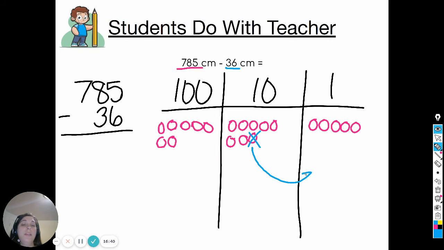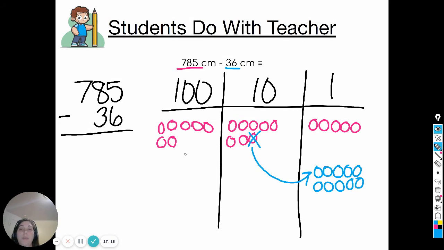Move it over to the ones and draw 10 ones. So we took 1 ten and we traded it for 10 ones, which also equals 10, okay? Make sure your picture matches mine.